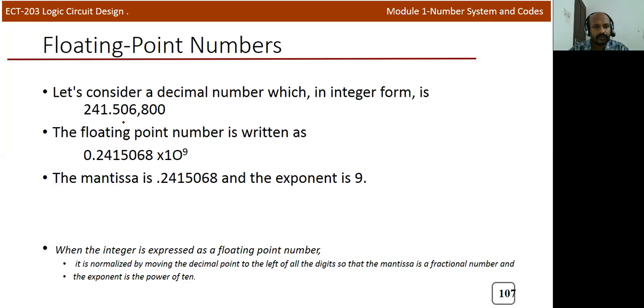So we are moving the decimal point to the extreme left, and we get 0.2415068 and 10 raised to 9, because we moved the decimal point across 3 digits in total 6, so we write 10 raised to 9.